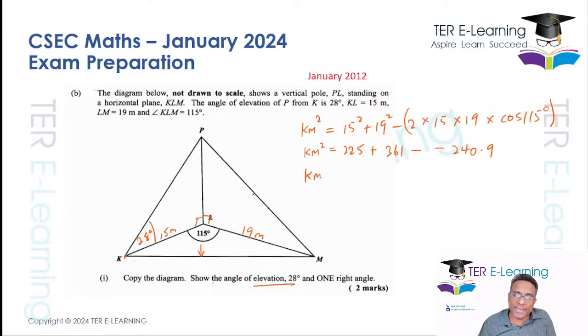Therefore KM squared is 826.9. So KM is equal to the square root of 826.9. They want the answer to two significant figures, so this works out to about 29 meters.